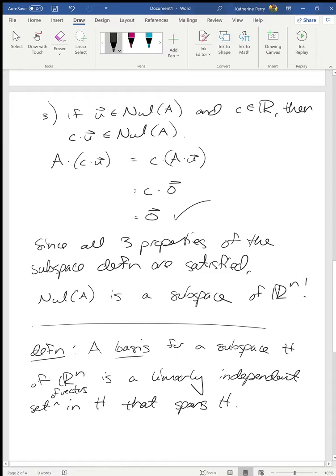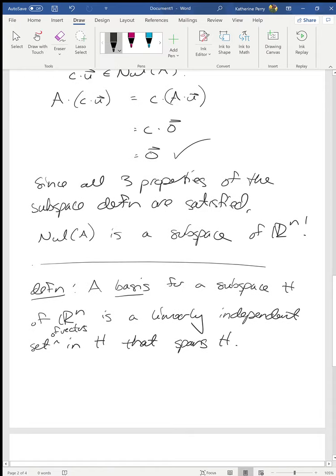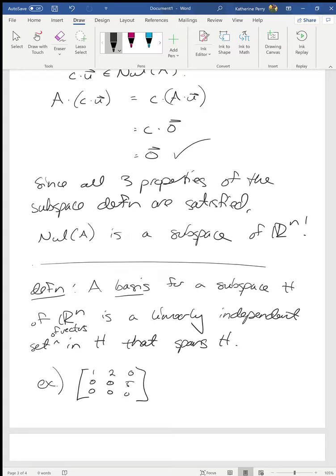Okay, and so for example, if I had, say this was my matrix B, 1, 0, 0, 2, 0, 0, 0, 5, 0, then my column space of B would be equal to the span of (1, 0, 0), (2, 0, 0), and (0, 5, 0).